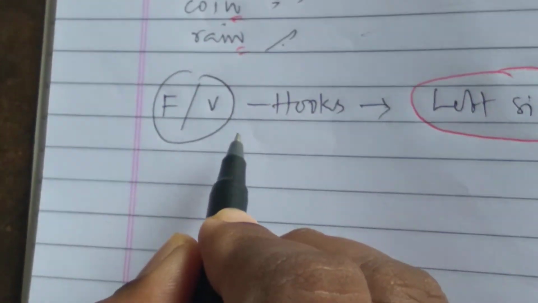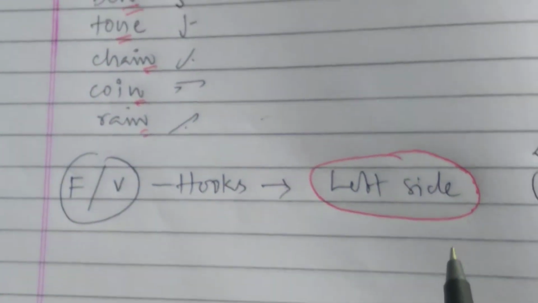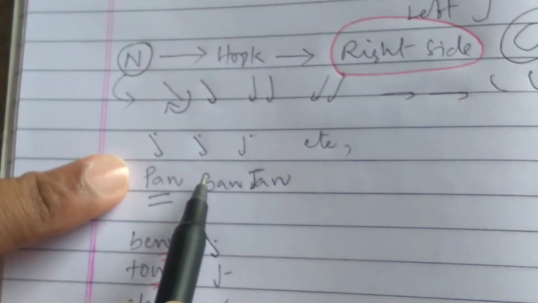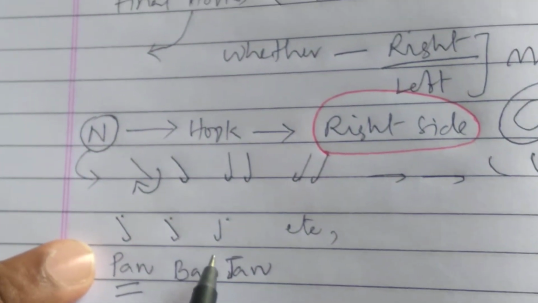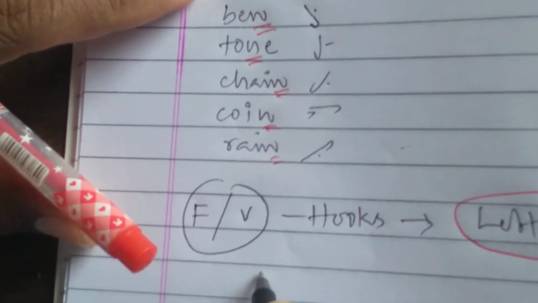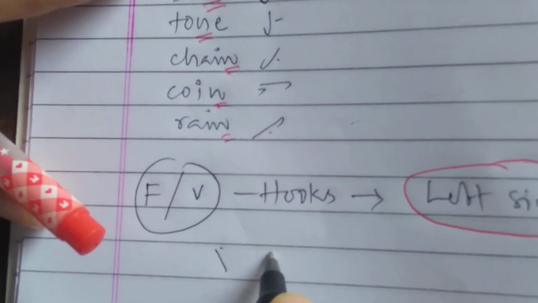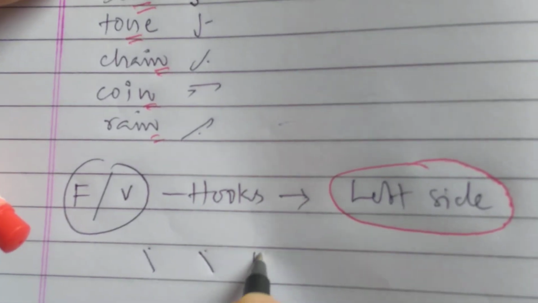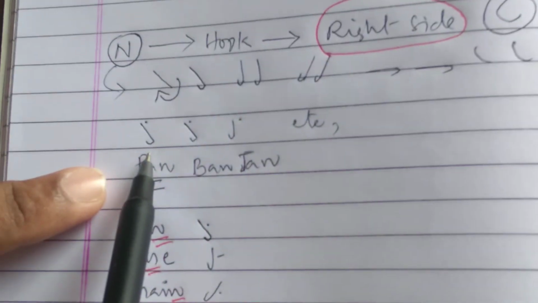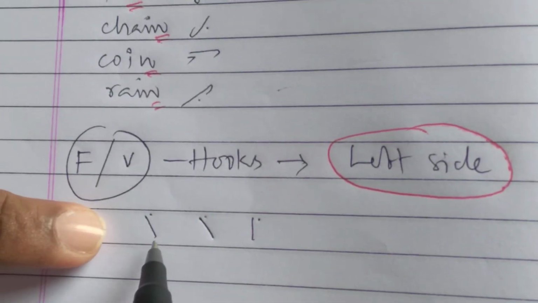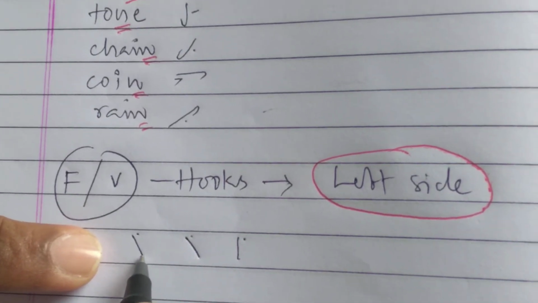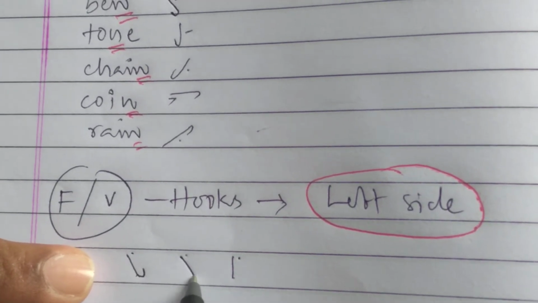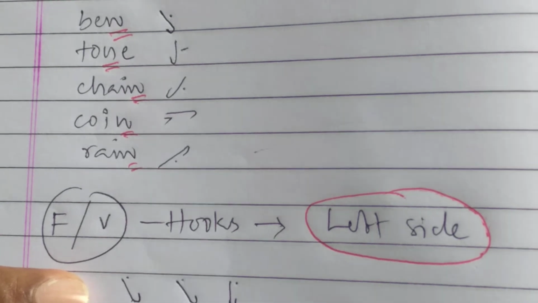For F and V hooks we have to write with the left motion direction. The same as I gave examples here: pan, ban, tan, etc. In the same way I am writing P stroke first place, B stroke first place, T stroke first place. Here the direction is right side, and now the direction is left side here. Now I am giving a hook for the left side.